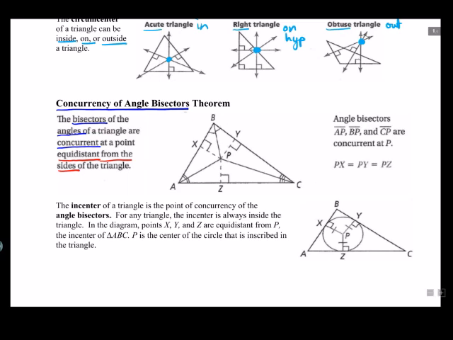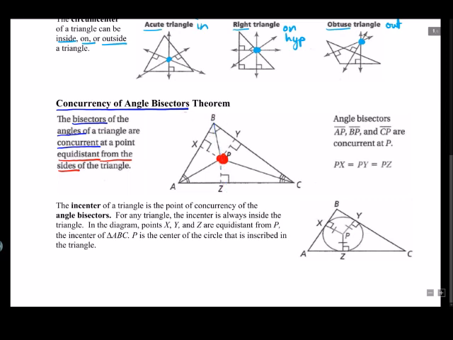So we draw our angle bisectors. We bisect angle B, and we bisect angle A, and we bisect angle C, and we end up with a point of concurrency.